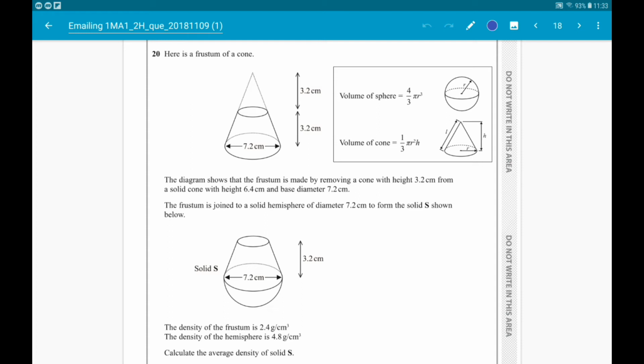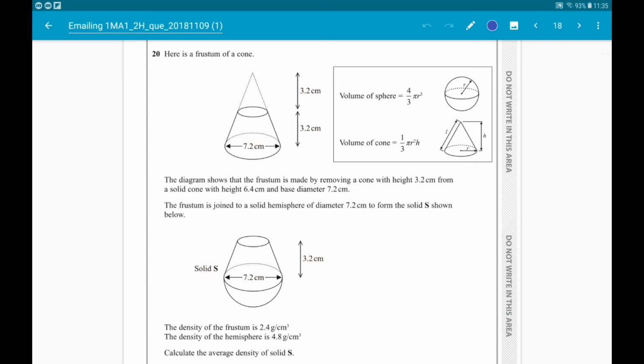What we're going to need to do is work out, density is mass divided by volume. So we are going to need to work out the total mass of S and the total volume of S.